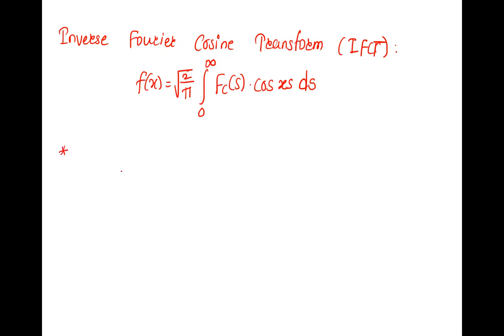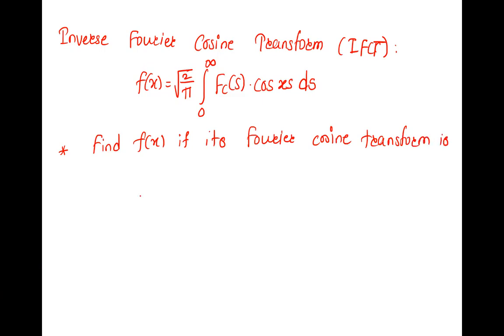Write the question. Find the function f of x if its Fourier cosine transform is e raised to minus s. Okay, what is given to you?